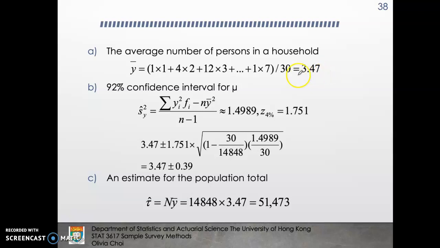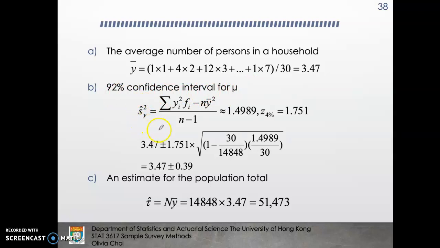Having one point estimate to describe the population is not good enough, so we want to talk about the confidence interval. What is the 92% confidence interval for our estimate? We first need to calculate s_y squared.